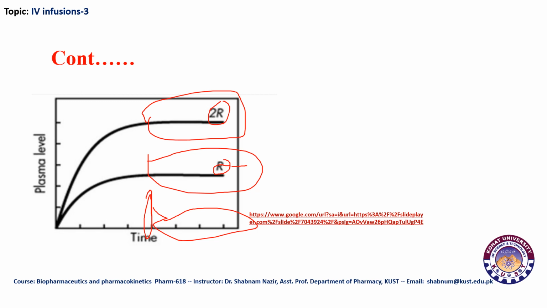That simply shows that, as we were discussing, no matter whether you double or triple the rate of infusion, the time taken to attain the steady state will remain the same. It would simply increase the concentration. You can see that this much difference in the concentration has come.